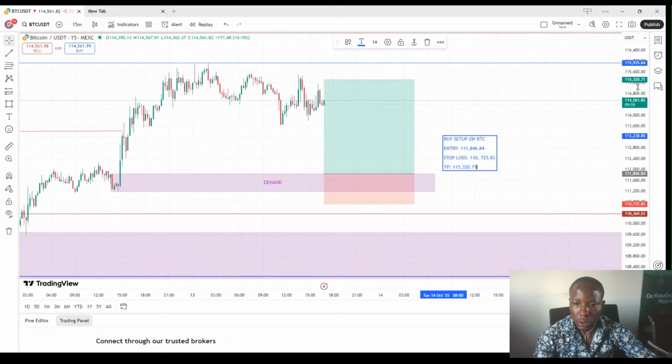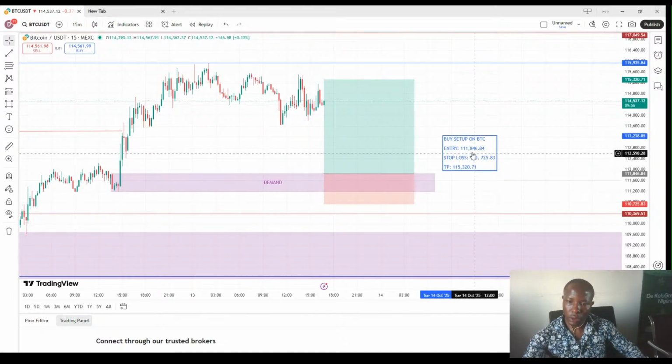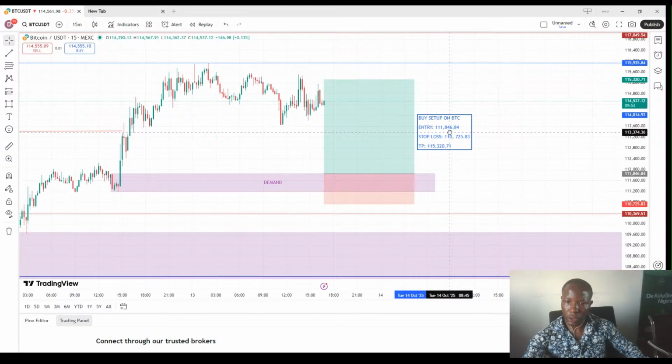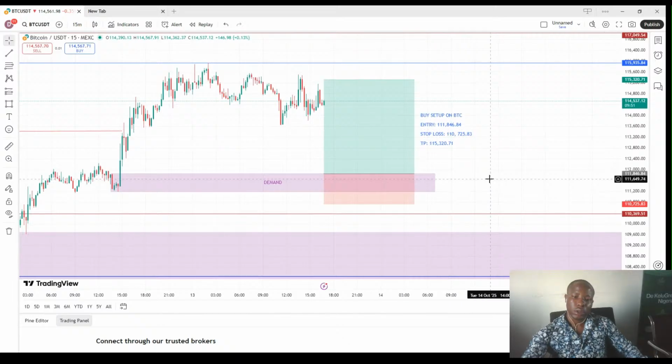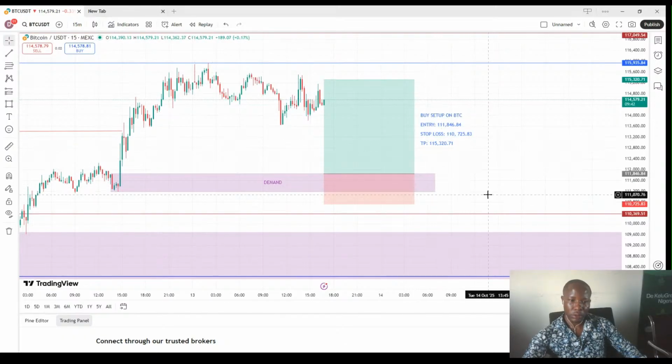So these are the coordinates for this setup, if you want to take this trade. So we can set up this trade like this.